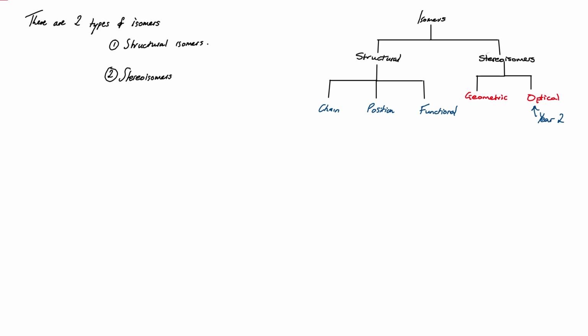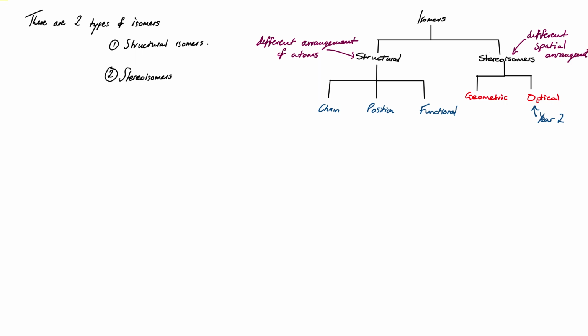In regards to structural, remember this means a different arrangement of atoms within the molecule, and stereoisomers means a different spatial arrangement, which basically means that it could be pointing up, down, in just a different direction, but it will still be attached to the same atom.